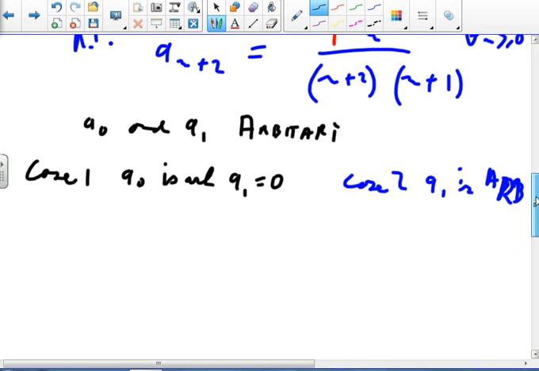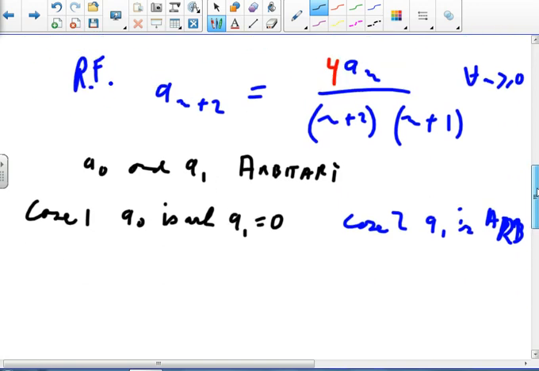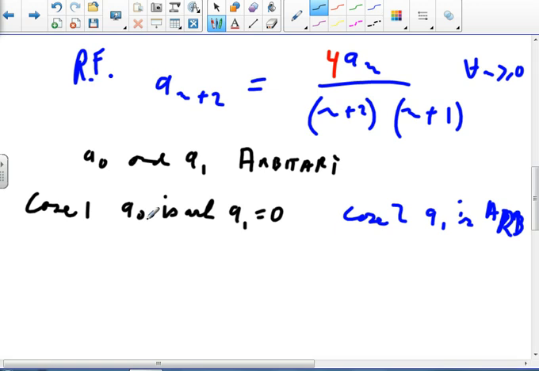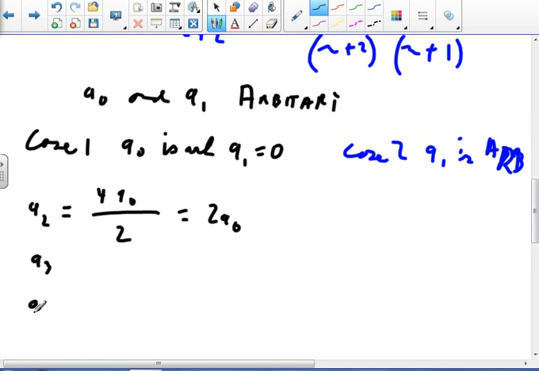All right, so case 1: a0 is arbitrary, a1 is 0. a2 is going to be 4a0 divided by 2, which is going to be 2a0. And a3 is 0. a4 is going to be 4 times 2a0 divided by 4 factorial.